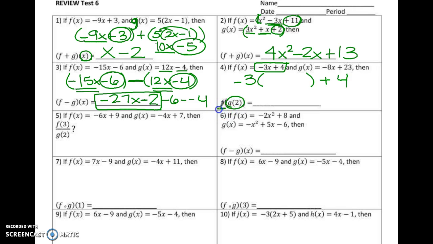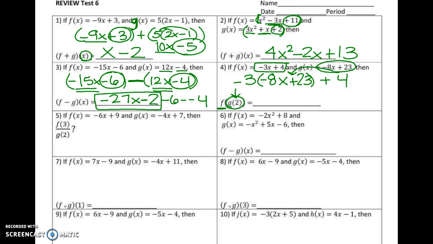So f is on the outside, and the g of 2 stuff goes inside of that function. So this is what goes inside: negative x, because that's our g function, plus 23.